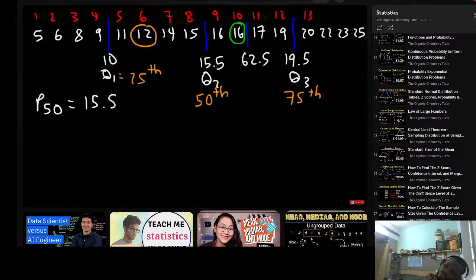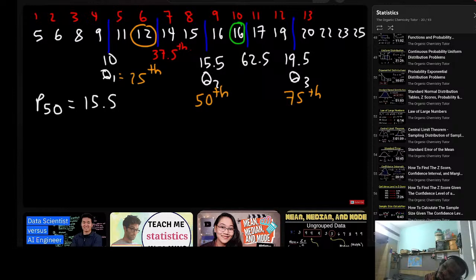Would you say this is the 30th percentile, the 40th percentile, the 35th percentile? What would you say? Well, if we're going to ballpark it, the average between 25 and 50 is 37.5. So it makes sense that 12 is between the 25th percentile and the 37.5 percentile.